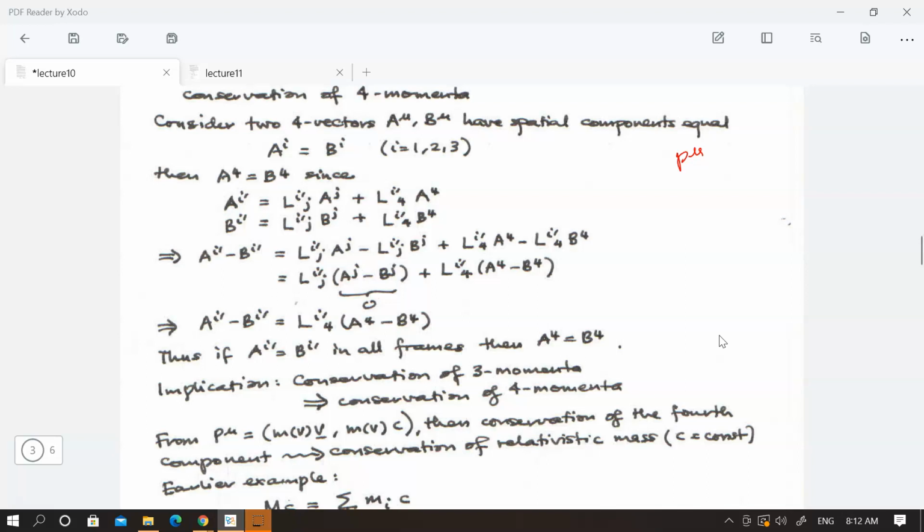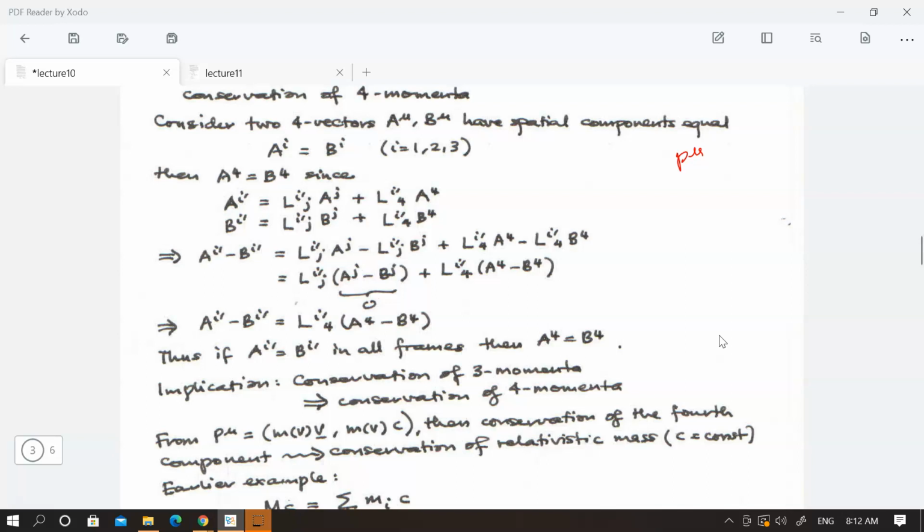And then to emulate the idea of conservation of the three momenta earlier, suppose now we put the condition that the three-dimensional components of your A mu here and the three-dimensional components of your B mu here are equal.